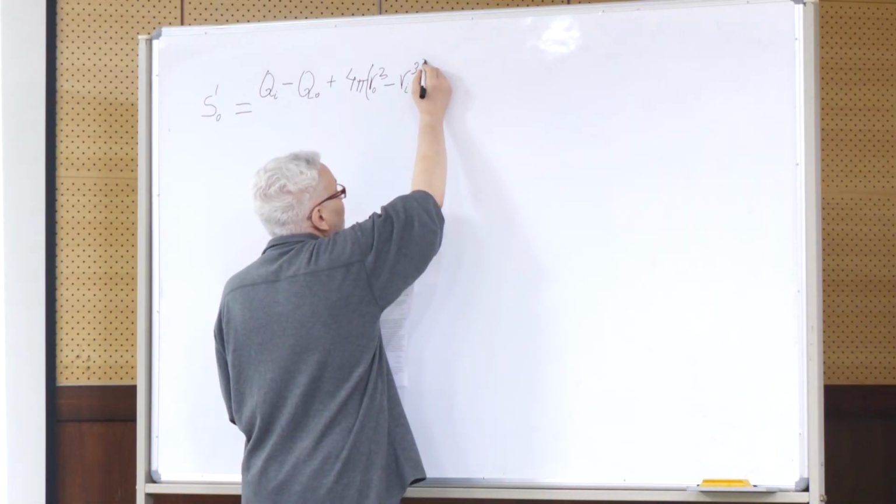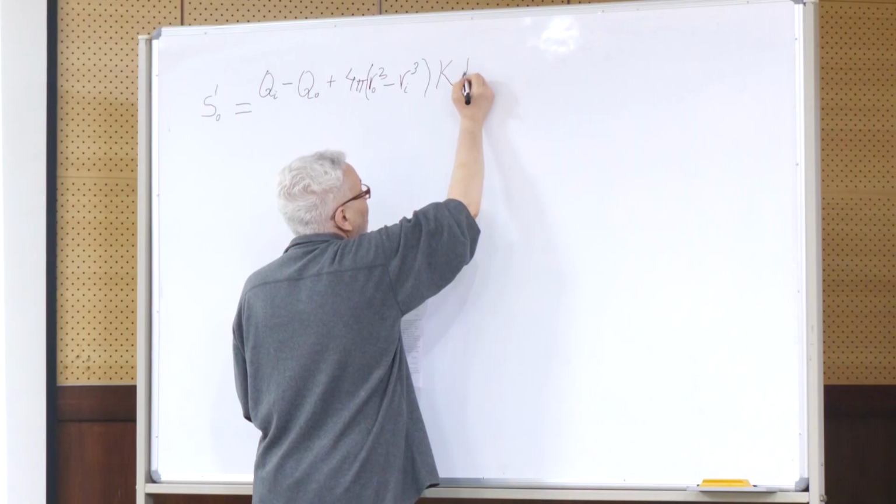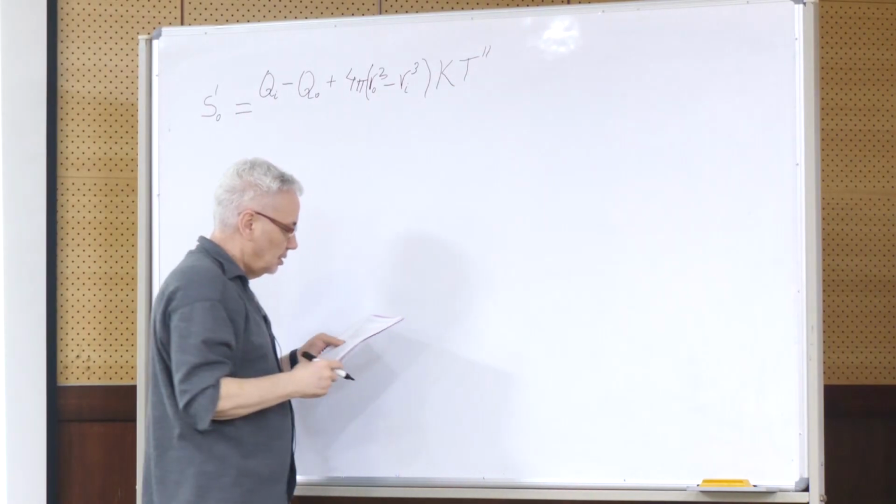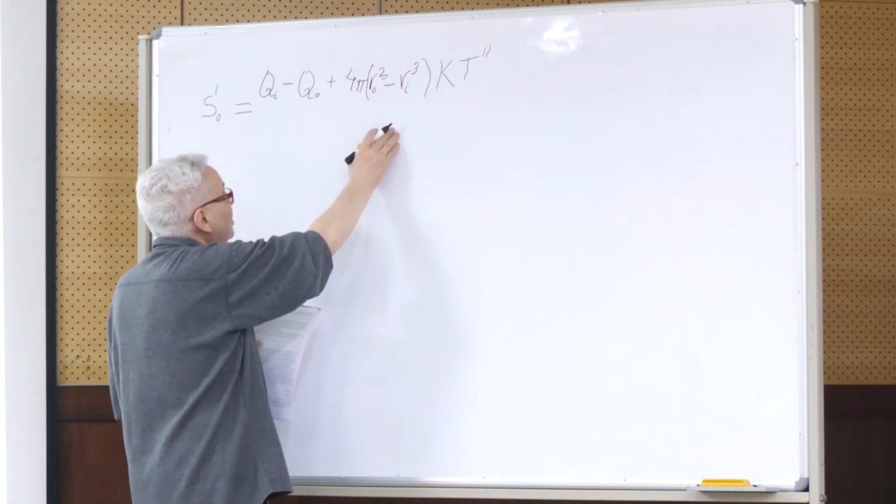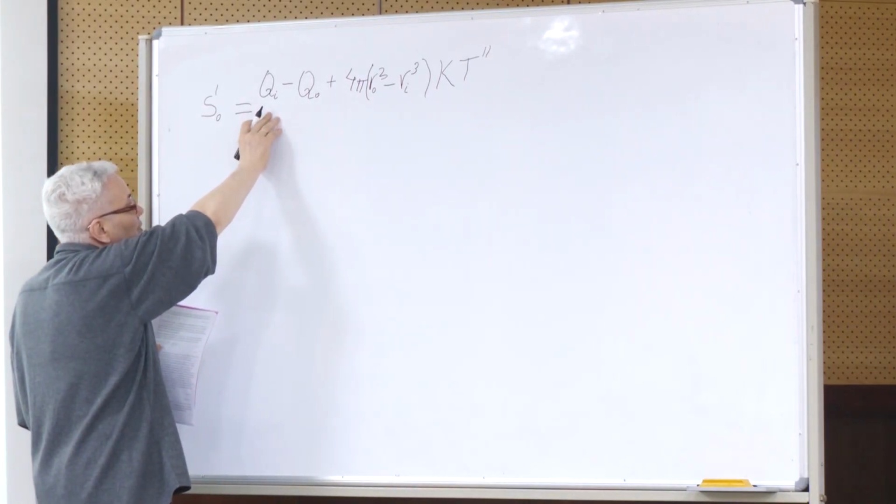And it's multiplied by K T double prime, which is given. So this is the adiabatic part, and this is the given contribution.